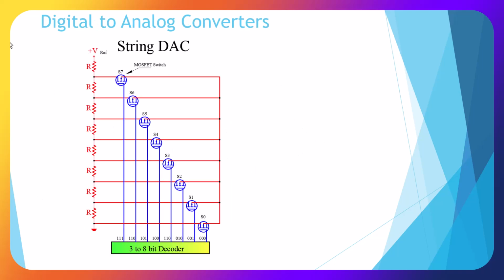This is another type of digital to analog converter. This is a string DAC where we have equivalent resistors set up in a voltage divider circuit, and we have MOSFET switches that are controlled by a 3 to 8-bit decoder. So at 0, 0, this transistor is open or closed, and we get 0 volts out.